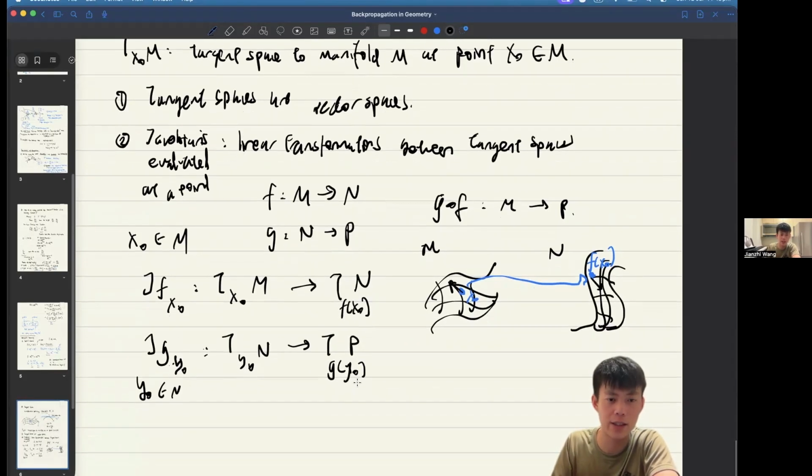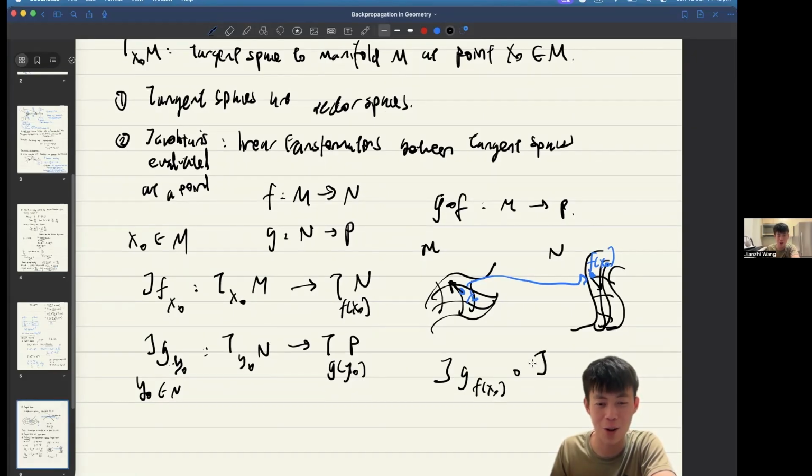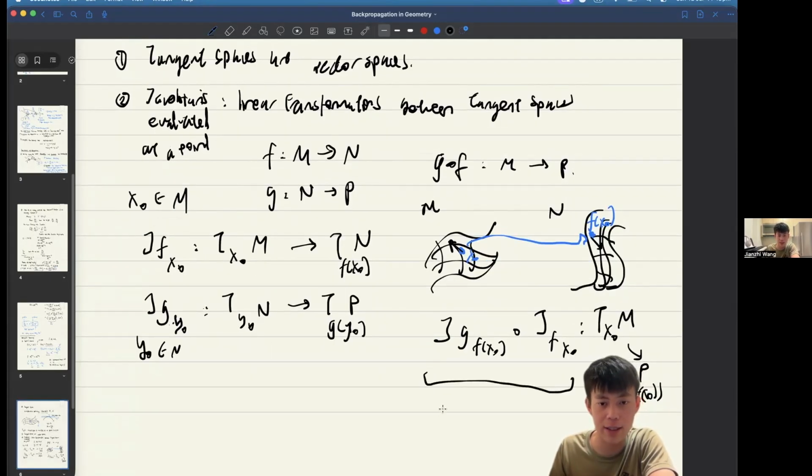You can see here that we can actually compose these two Jacobians. The Jacobian of g at f(x0) composed with the Jacobian of f at x0 will go from the tangent space to manifold M at x0 to the tangent space to manifold P at g(f(x0)). This is precisely the Jacobian of the composed function g composed with f at point x0.